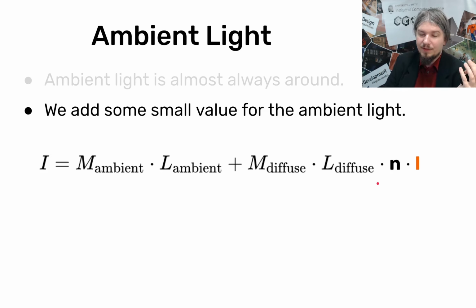It becomes important because otherwise, even though you have this ambient term, if the light is on the opposite side of a surface, the negative term would start subtracting from the ambient term and it would still be black, which is not how light works. So you should just take the maximum of that and 0 if you're actually implementing this.